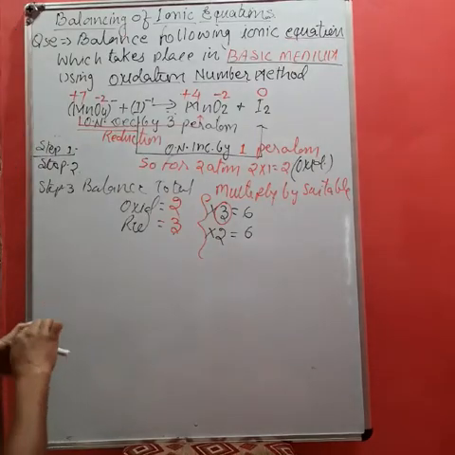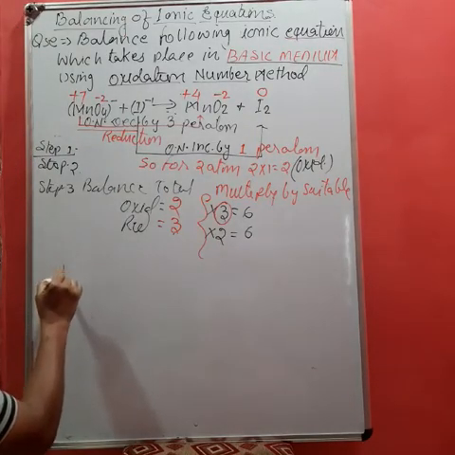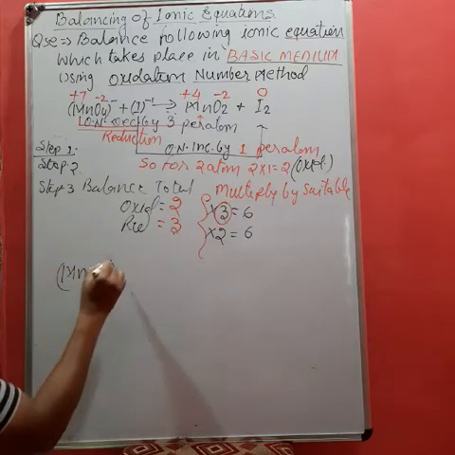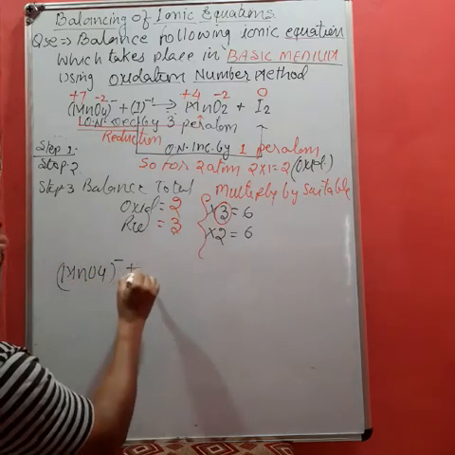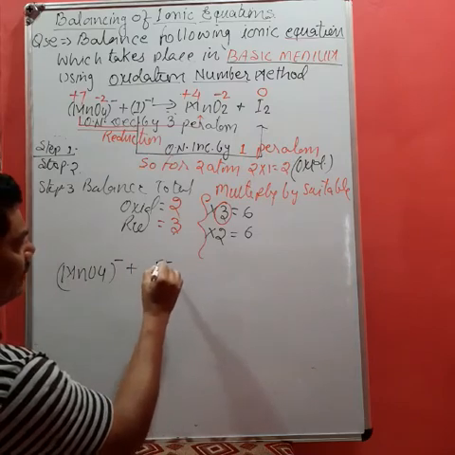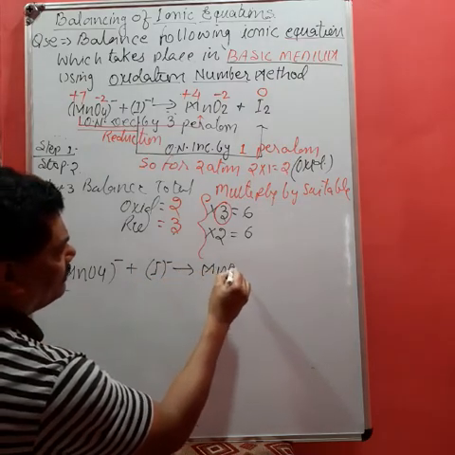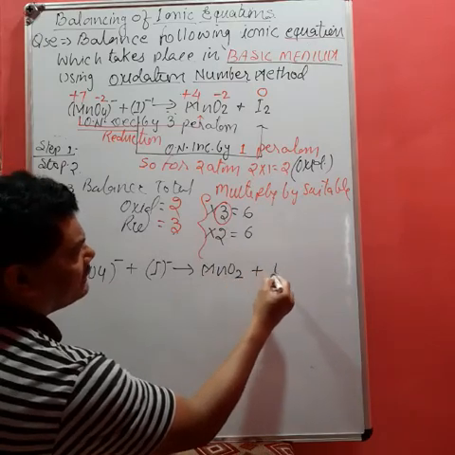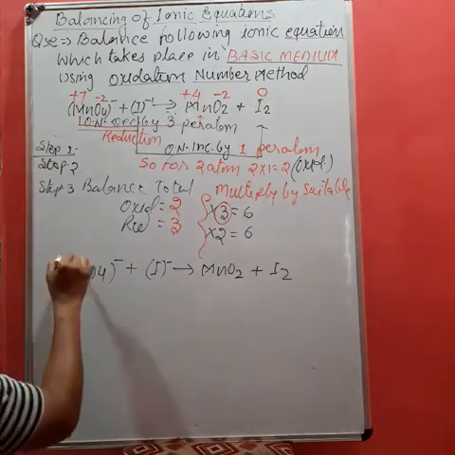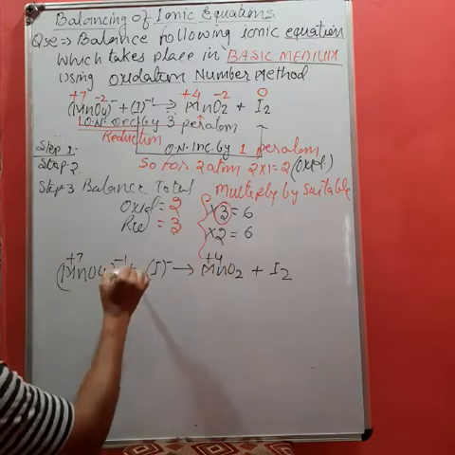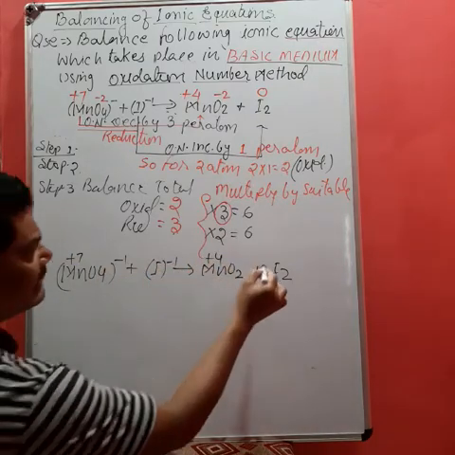So let me write the equation again. The equation becomes MnO4 anion plus I anion gives MnO2 plus I2. Here it is +7, it was +4, it is -1, and this is 0.